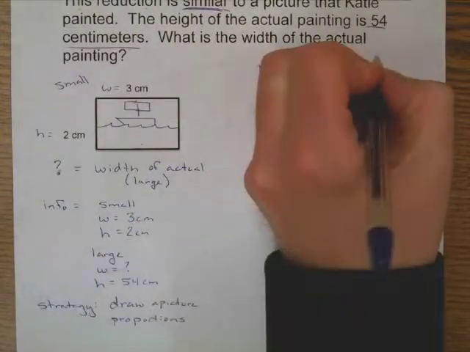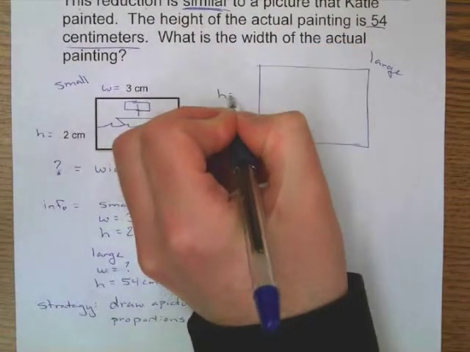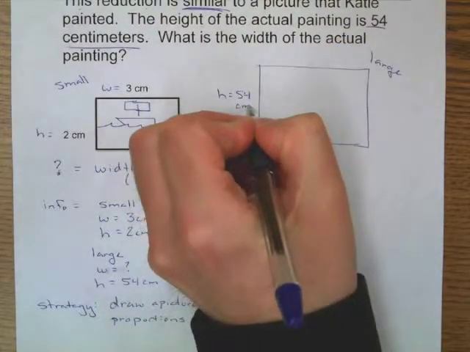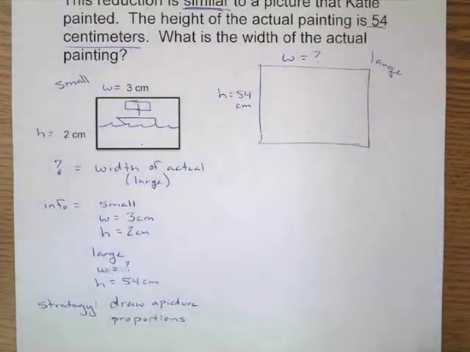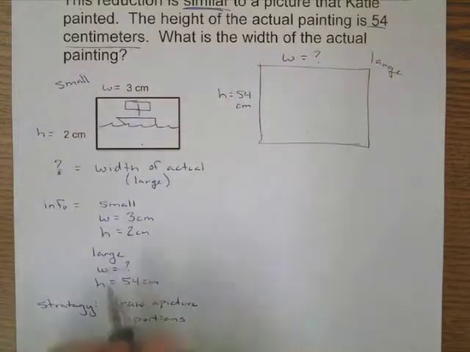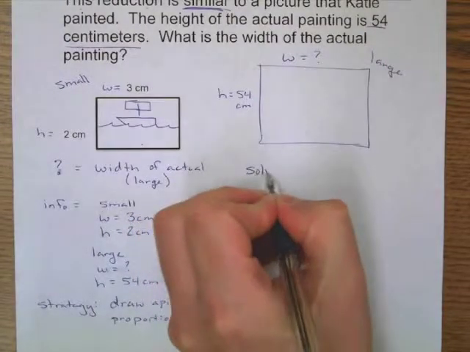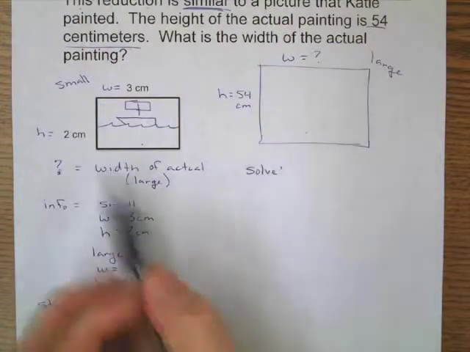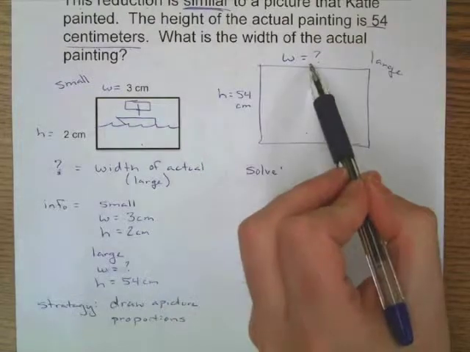And up here, this is the large, and I know that the height is 54 centimeters, and the width is what I'm looking for. So, thinking about proportions, now that I've drawn my picture, I can go about solving this. So I know that this side corresponds to this side, and this side corresponds to this side.